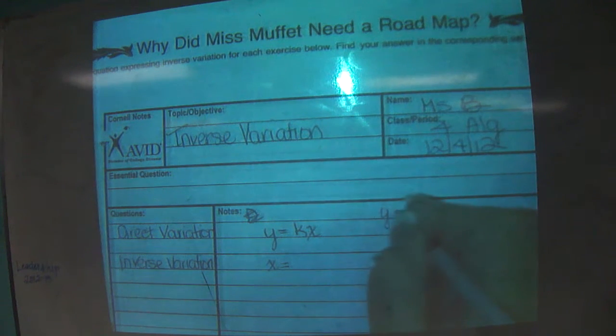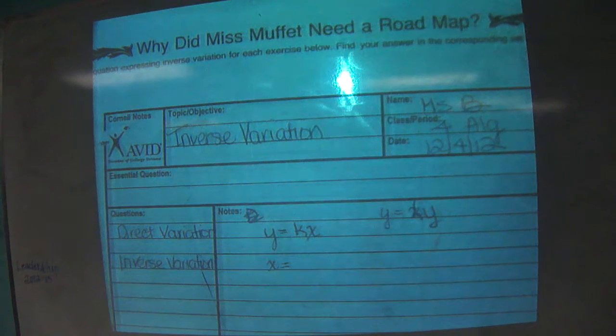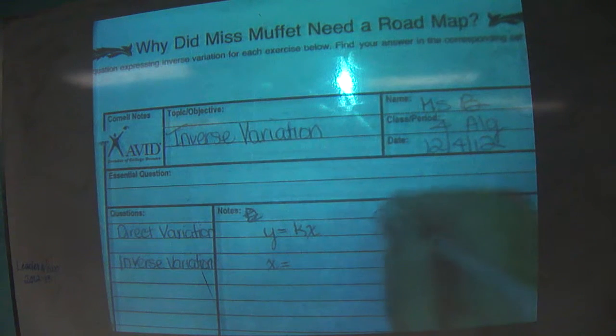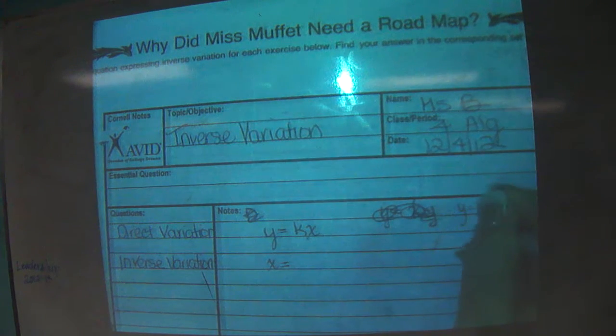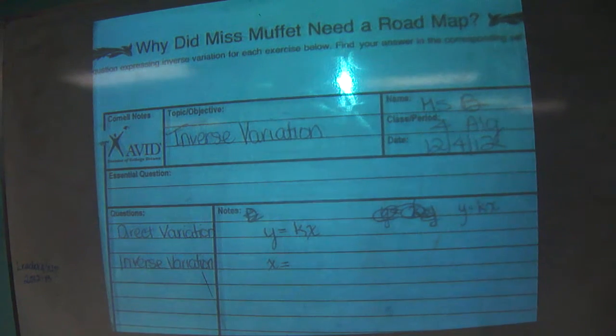So we've got y equals kx, and our goal is to have x equal to something.